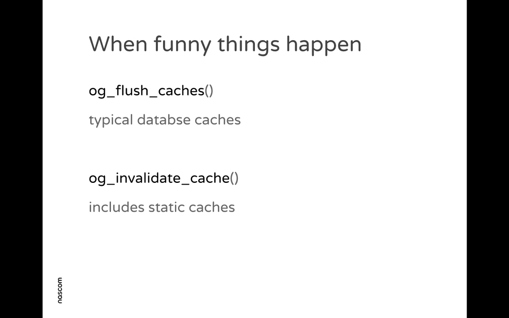If you notice you're writing some custom code and funny things are happening, you see your changes in the database but it's not populating on the front end, there's probably some caching involved. So we have the typical database caches, and then OG has a lot of static caches as well.